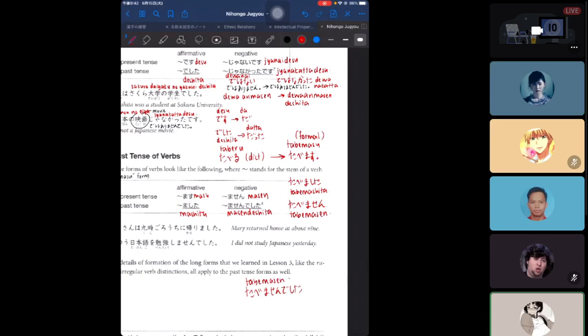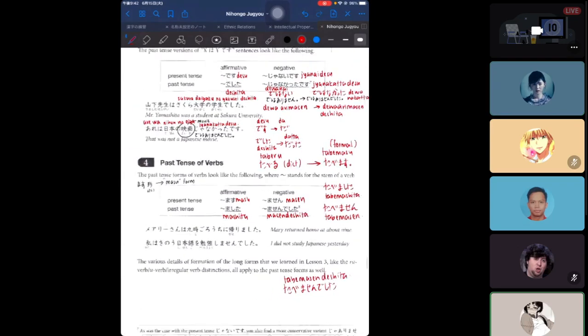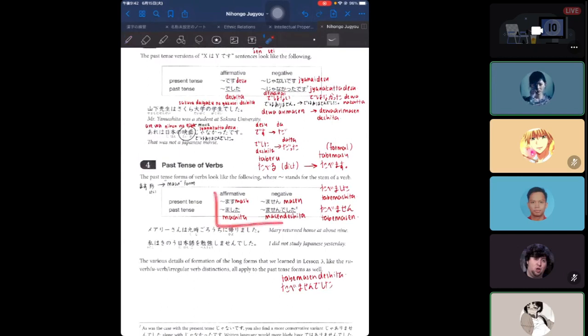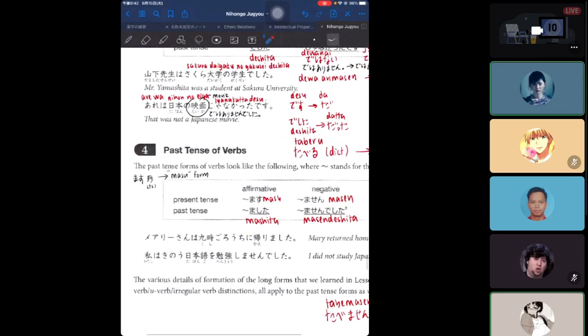This is how you change it. But of course, depending on the verb conjugation we learned in the previous chapter, the way you change it to the masu form will be different, so you have to be careful.